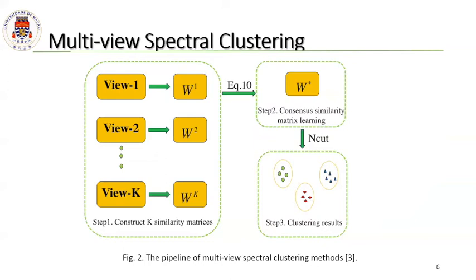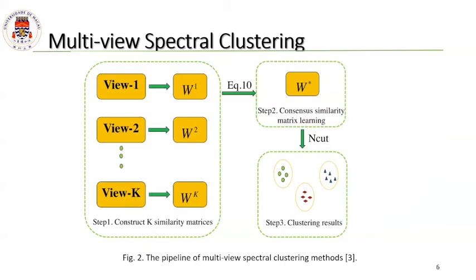In a multi-view scenario, data objects are captured by multiple graphs. A common assumption is that each individual graph can capture the partitional information of the data, while all graphs have the same underlying clustering structure of data.